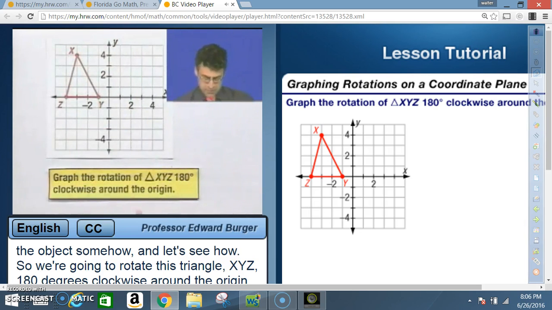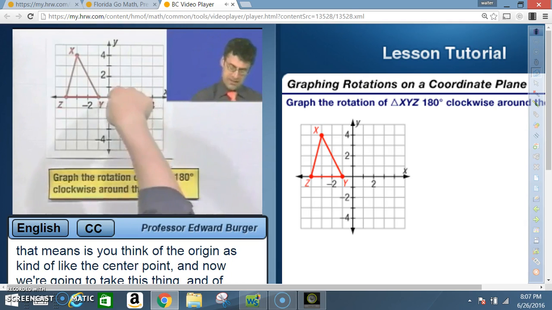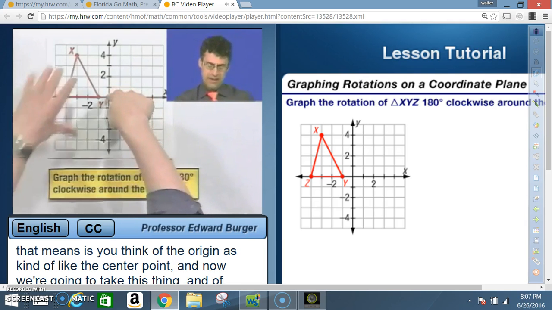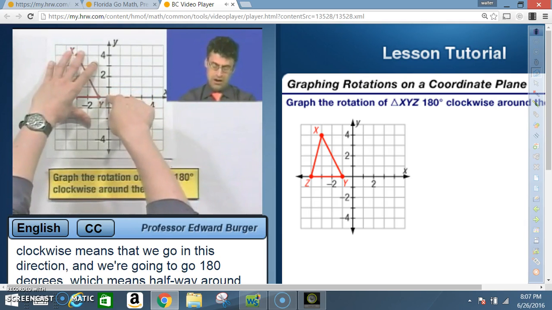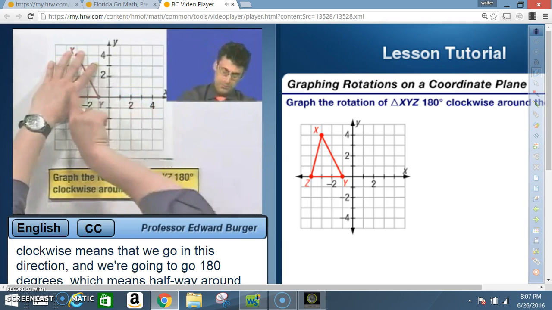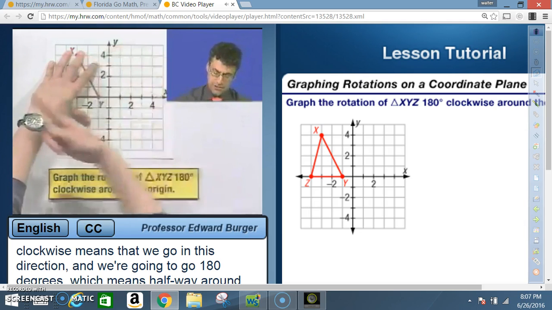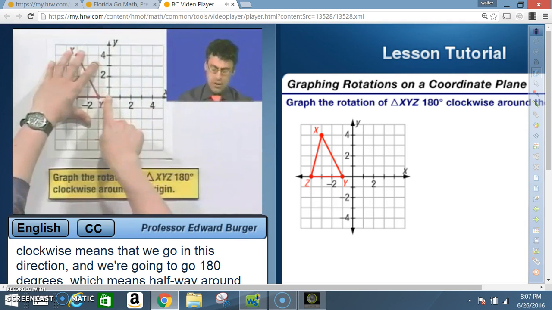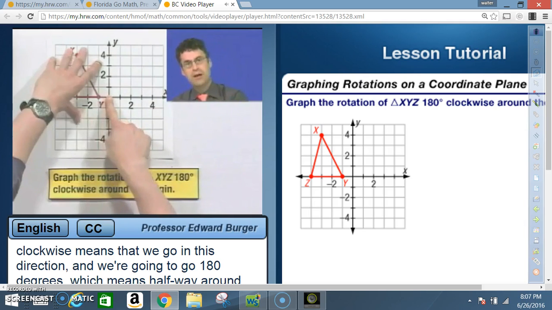We're going to rotate triangle XYZ 180 degrees clockwise around the origin. Think of the origin as the center point, and clockwise means we go in this direction, 180 degrees, which is halfway around.